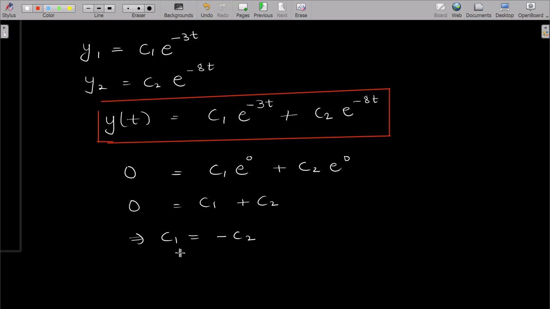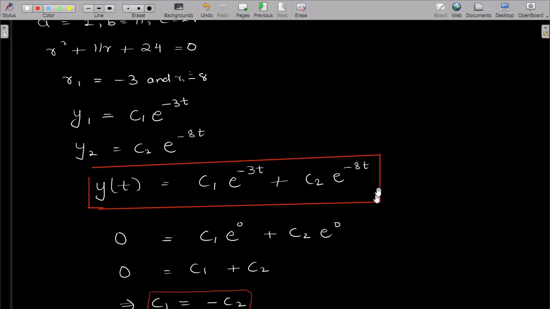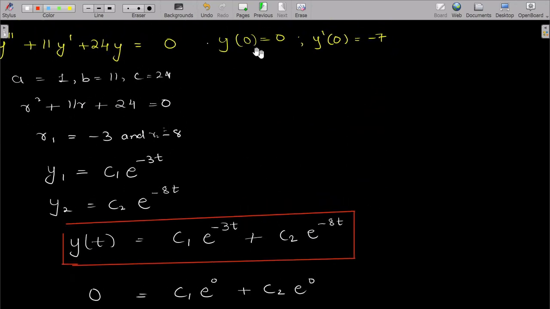The second equation you can get from the second initial condition. y dash 0 is also given to us: y dash 0 equals negative 7. So first you need to find what y dash of t will be. That's going to be negative 3 c1 e to the power negative 3t minus 8 c2 e to the power negative 8t, and now we put t equals 0 and set this equal to negative 7.